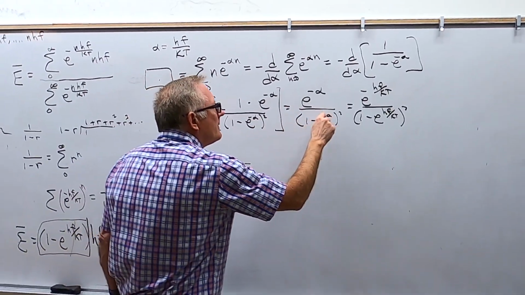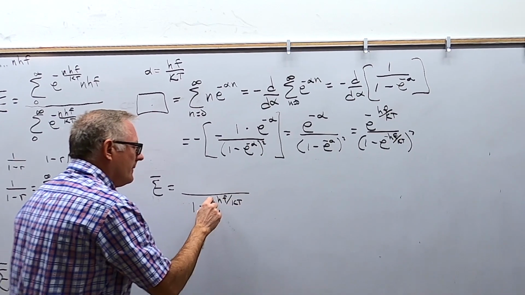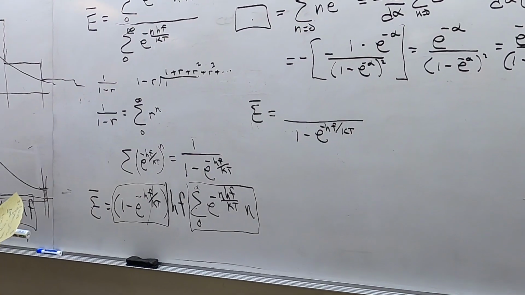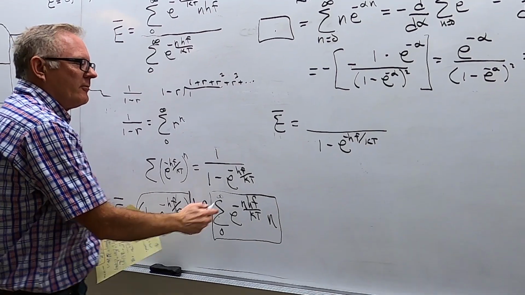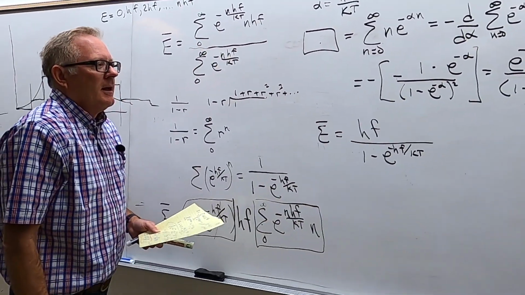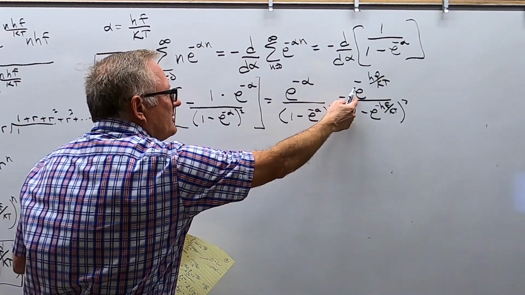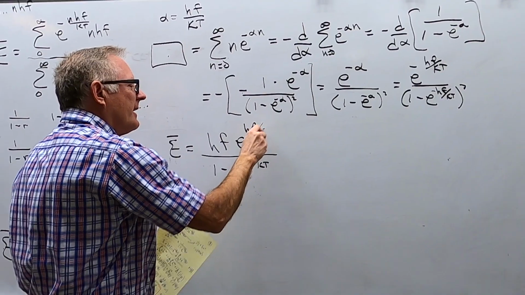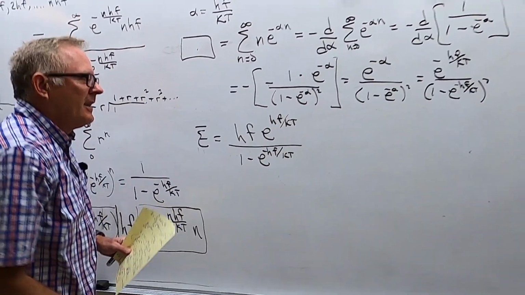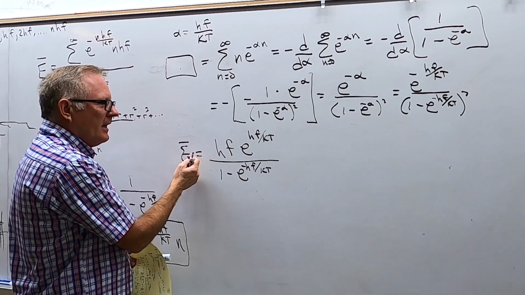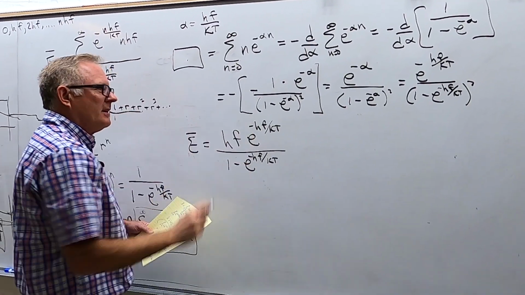There's a minus, because this was the minus. And then we have the hf, and we still have this one in the numerator, e to the hf over kT. I think what I'll do is take this e and put it in the denominator, and it becomes e to the minus hf over kT.